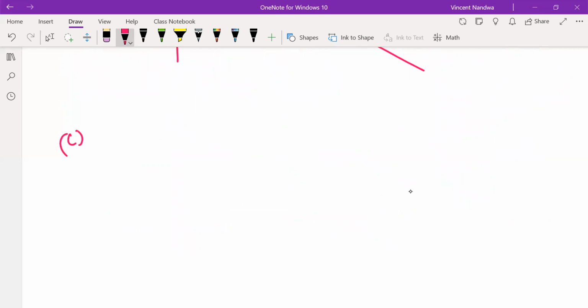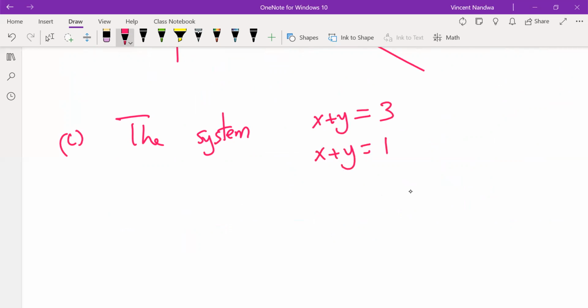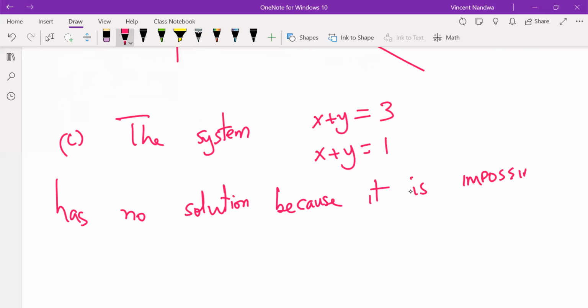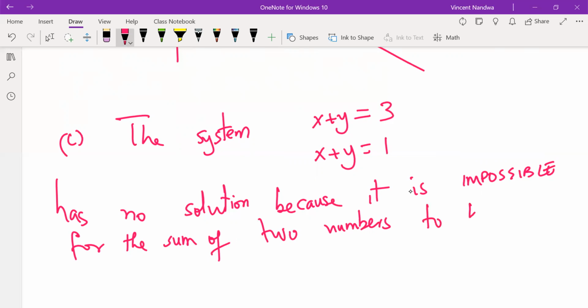And see the system x plus y equals 3, x plus y equals 1 has no solution, because it is impossible for the sum of two numbers to be 3 and 1 at the same time.